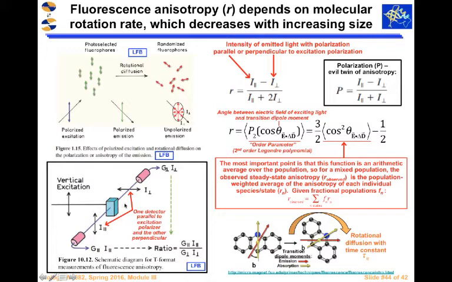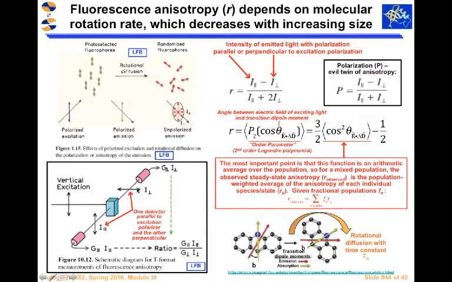Then we measure the emitted light with two different polarizations. We have a polarizer on the excitation side that makes sure the light coming in is linearly polarized in this direction. Then we have polarizers on the emission channels that select exclusively light with this polarization or exclusively light with that polarization. We call the light with this polarization the parallel polarized light because its polarization is parallel to the excitation direction.